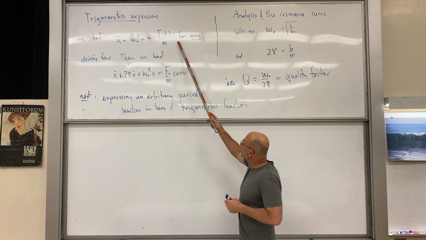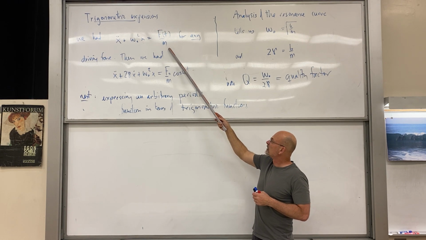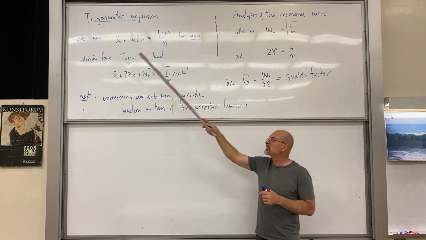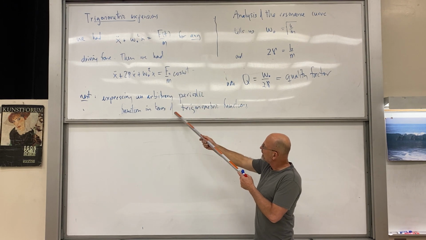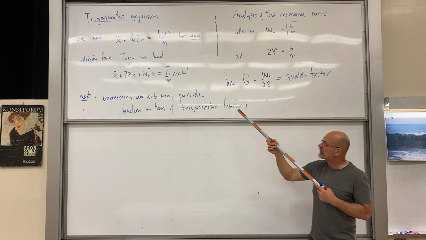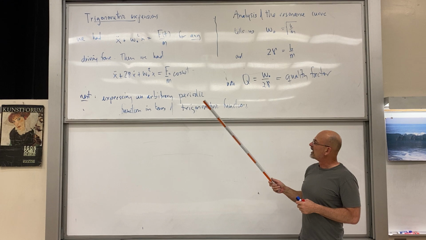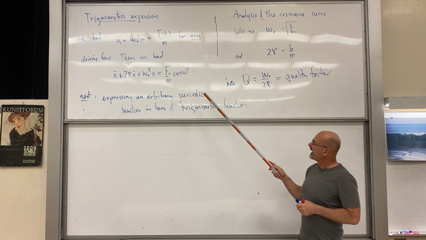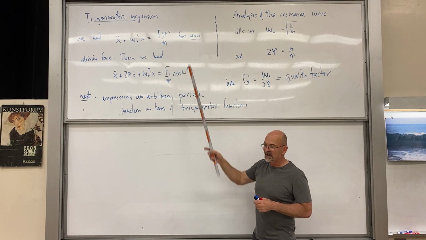Remember, we had complex functions and integrals in the solution to this. Go ahead and look at that solution again. So when we express arbitrary periodic functions in terms of trigonometric functions, we're going to go straight to the complex exponentials, and we will make contact again with what we had up here. So it's going to tie together very nicely.